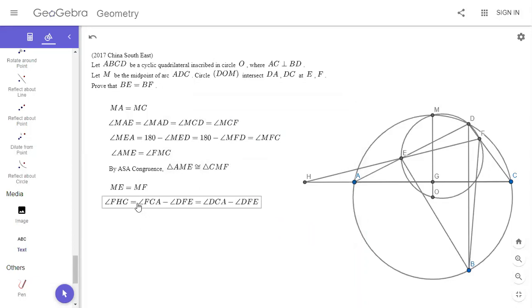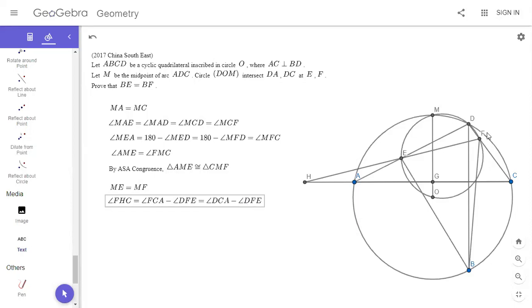And then we have angle OMB is equal to angle MBD, which is equal to angle MCD. So MCD, let's think about this. Basically we want to show this is angle MCD, which is true.